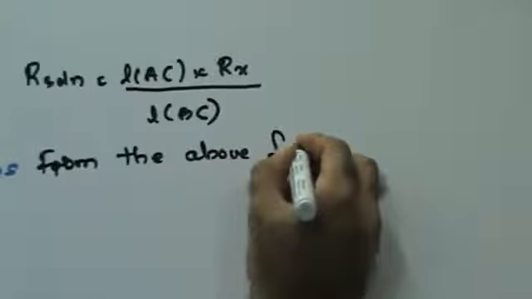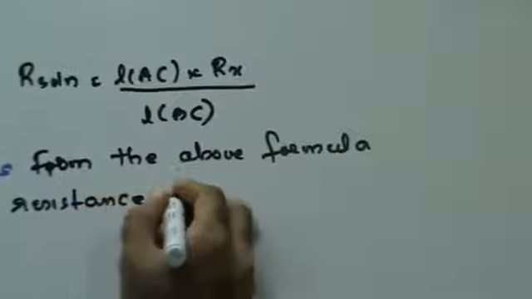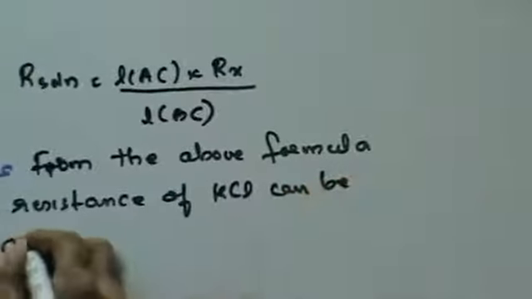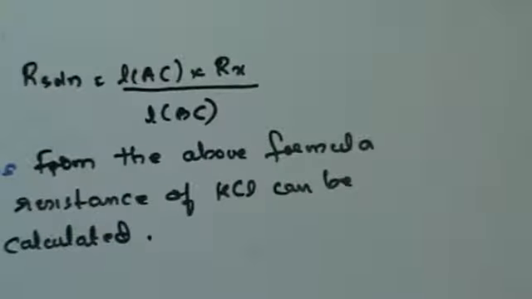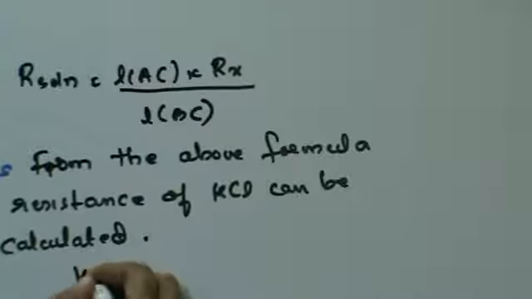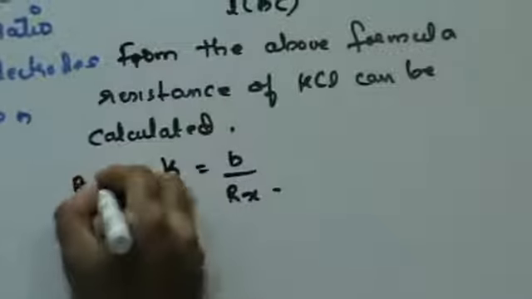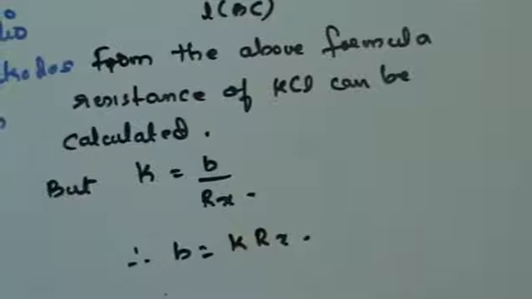Once I know the resistance of KCl, because I know length AC, length BC and Rx, all three parameters are known to me, then I can say that K is nothing but B upon Rx. So therefore B is equal to K into Rx, right?